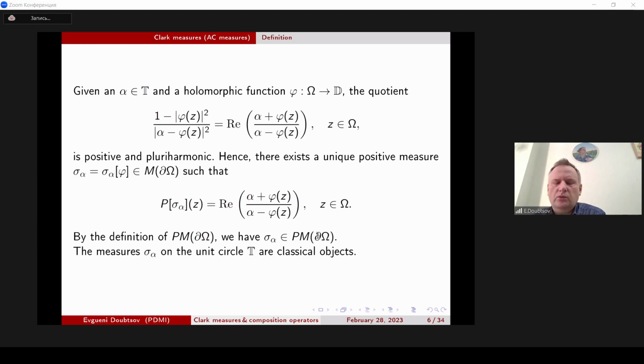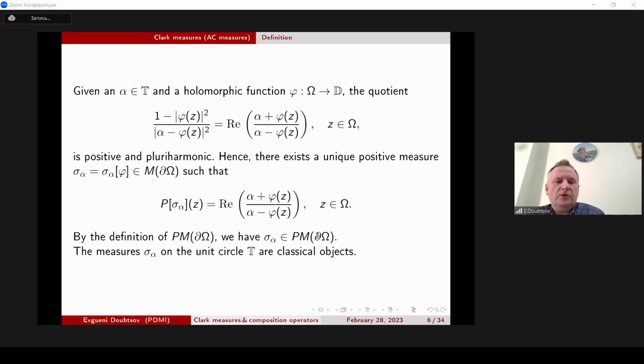And of course, this is a pluriharmonic measure, so we have certain restrictions on its, say, Fourier spectrum in the classical sense on the polydisk or the torus, and in terms of abstract harmonic analysis on the unit ball, or the general domain omega under consideration.